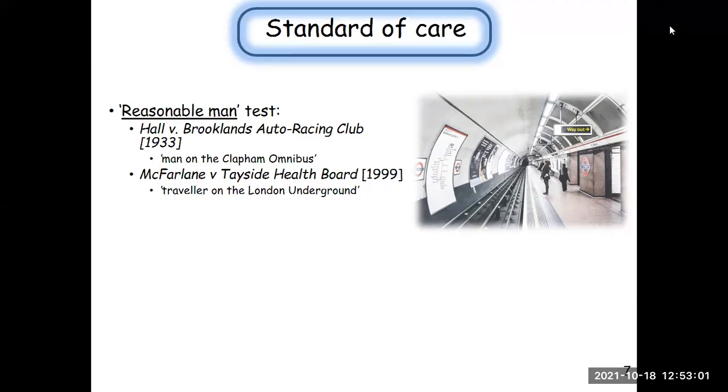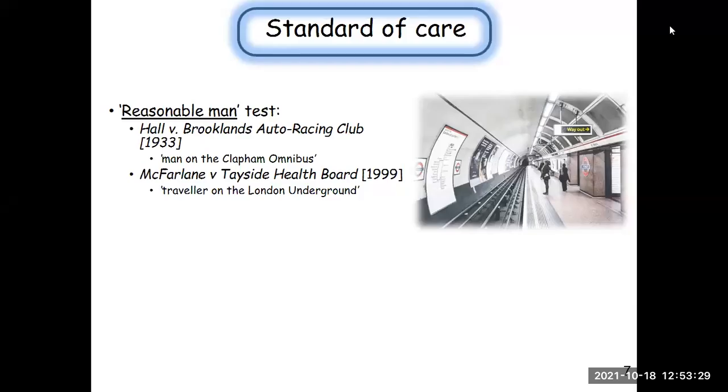However, if the defendant fell below the standard of what we would expect the reasonable person to do, then we've proven to the court that the defendant fell below the standard of care and therefore breached his duty of care. The question then is, what are the characteristics of this reasonable man?